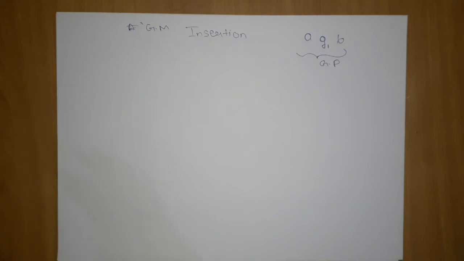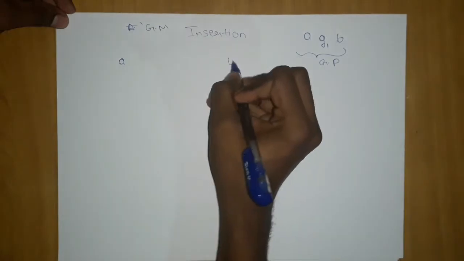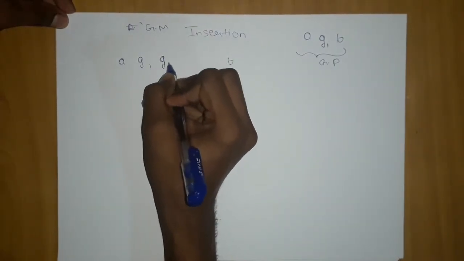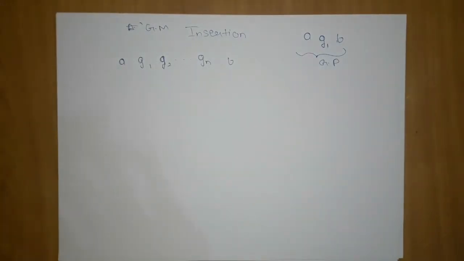Now how will we do insertion of GM? For that, take one example: if I have A and here I have B, and if I take G1, G2, till Gn, and n GMs are inserted between A and B.